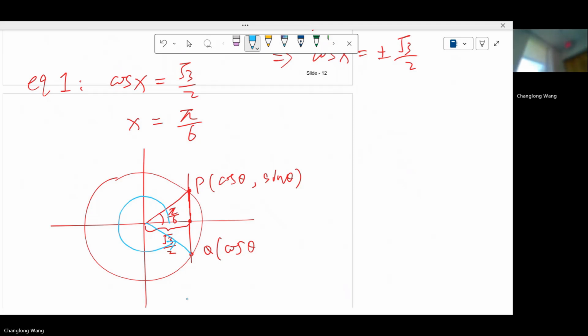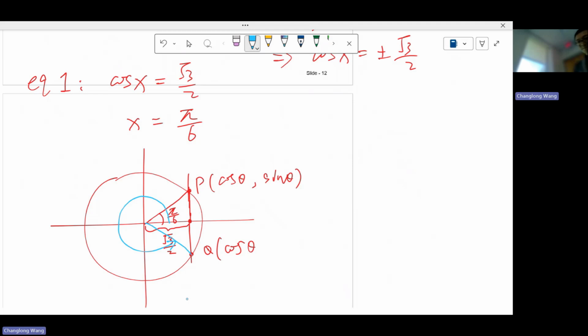What do you think? 11 pi over 6, right? How did you get 11 pi over 6? Because you see that the angle as you go down, in the wrong direction, will have to be symmetric to that angle up there. If that small angle is also pi over 6, you are pi over 6 away from a full spin, that is 360 or 2 pi, but less pi over 6.